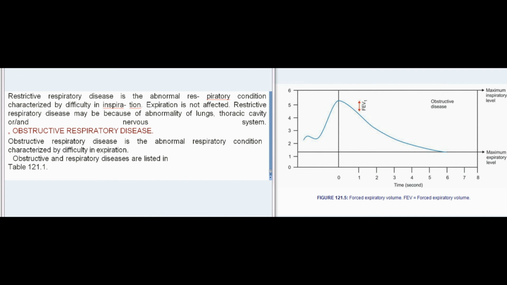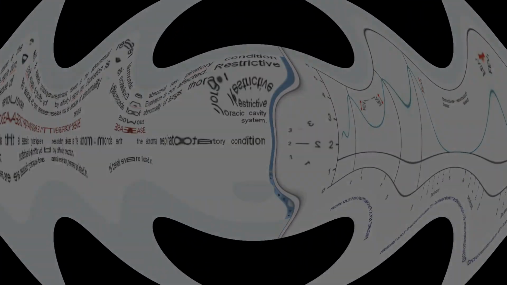Expiration is not affected. Restrictive respiratory disease may be because of abnormality of lungs, thoracic cavity, and nervous system. Obstructive respiratory disease. Obstructive respiratory disease is the abnormal respiratory condition characterized by difficulty in expiration. Obstructive and restrictive respiratory diseases are listed in Table 121.1.